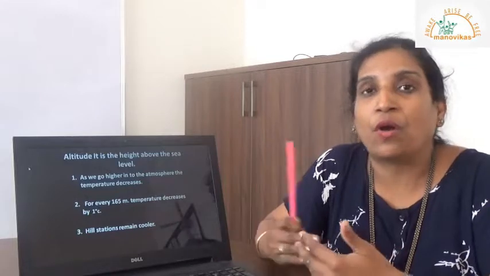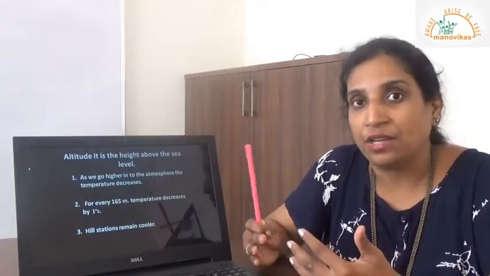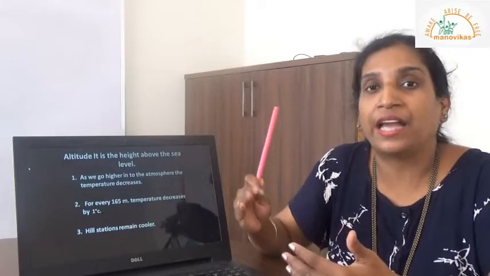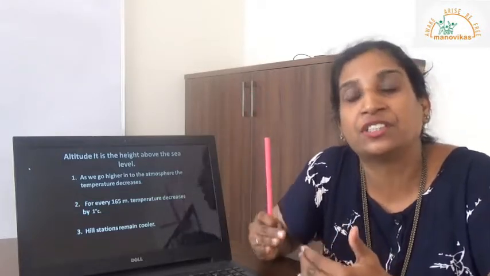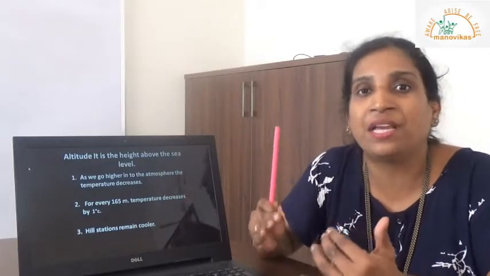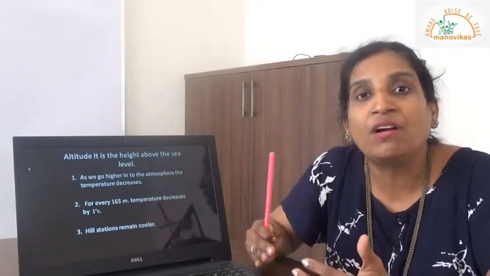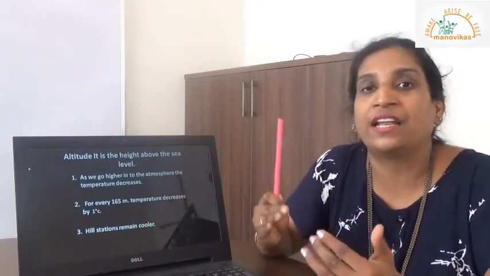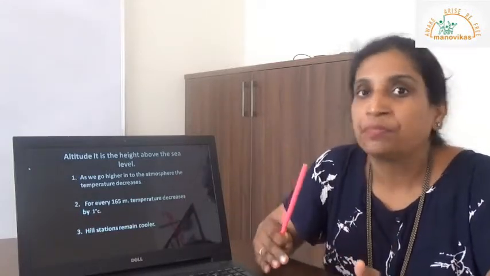On the plain ground or in the plain region, it's hotter, but as you go above sea level, as height increases, the temperature starts decreasing. That's the reason why hill stations and high peak mountains remain cooler, and very high peak mountains get so cool that there is always snowfall.